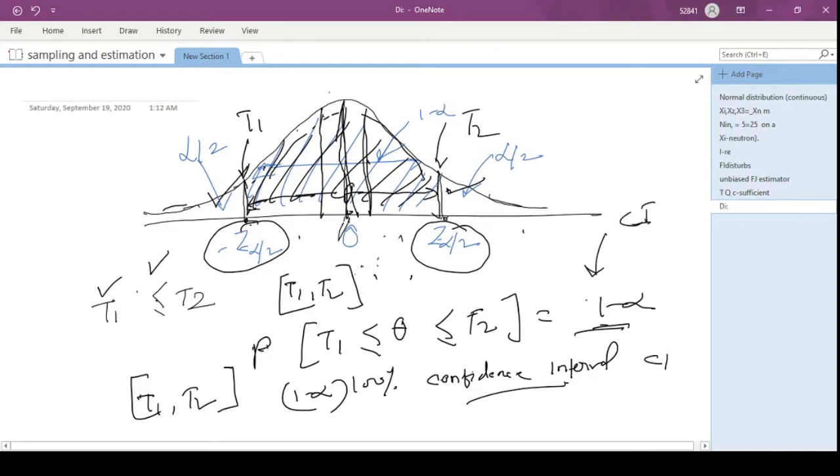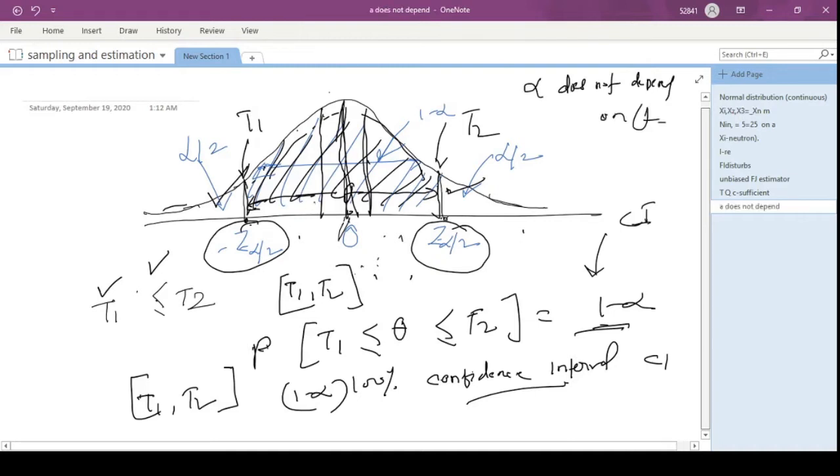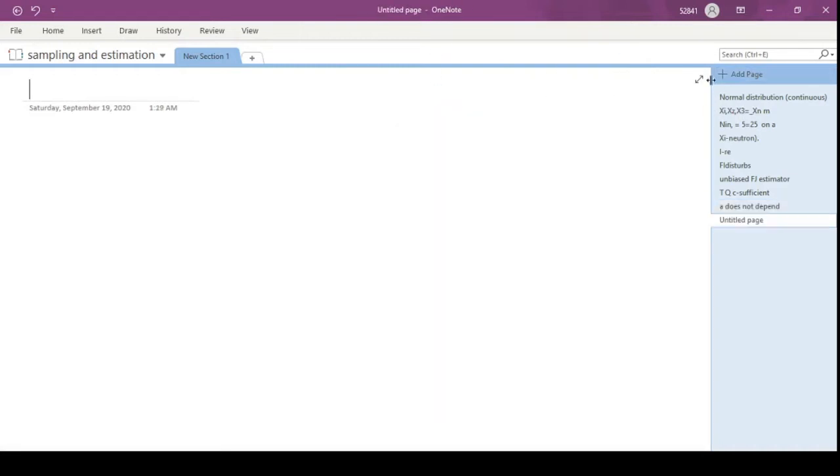An important thing to note and understand is that alpha does not depend on theta. What is the significance of this kind of pictorial representation in a very common sense?